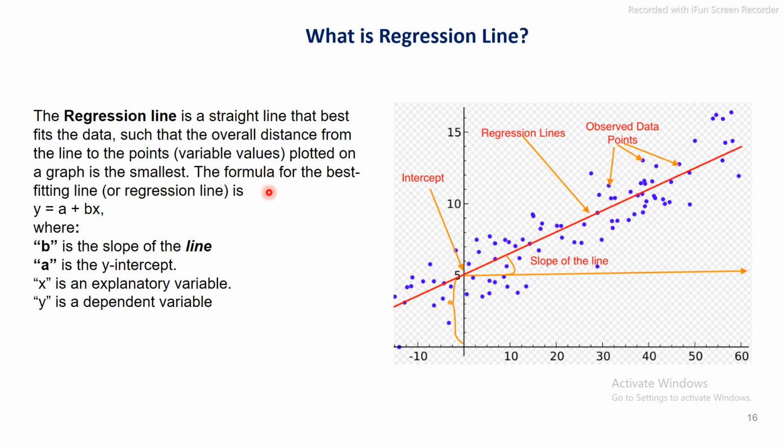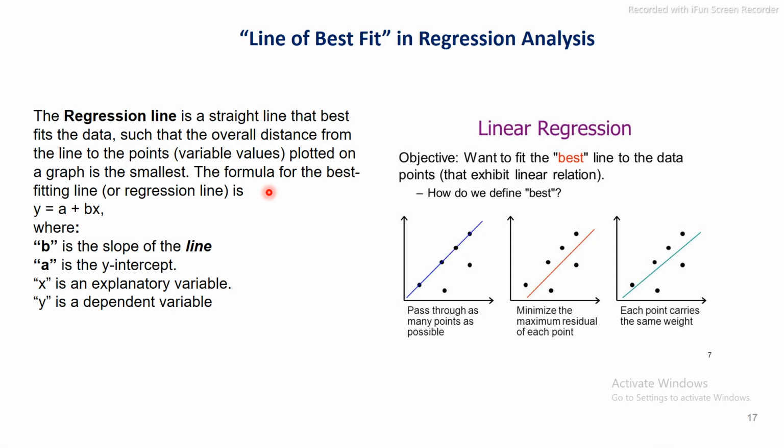So the equation of a straight line, you have seen it. There are different ways to come up with the line of best fit. If you see this visual, there are some data points.